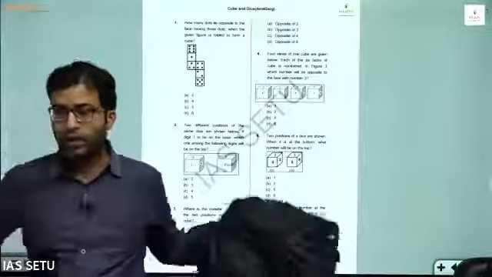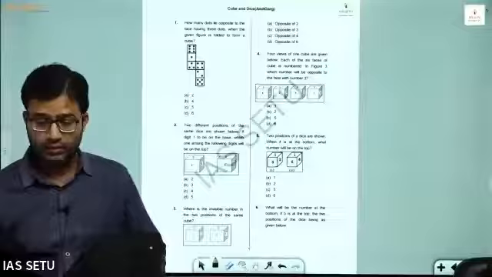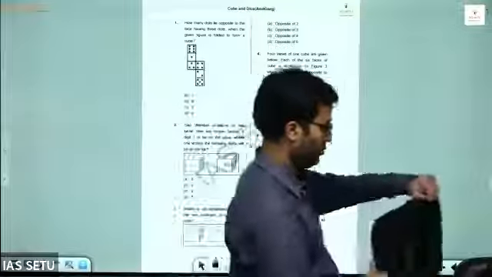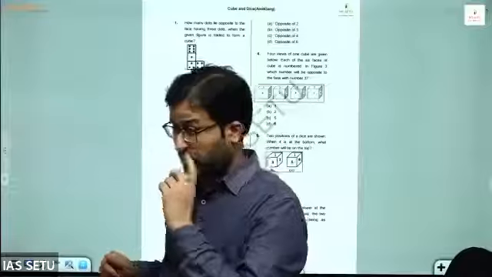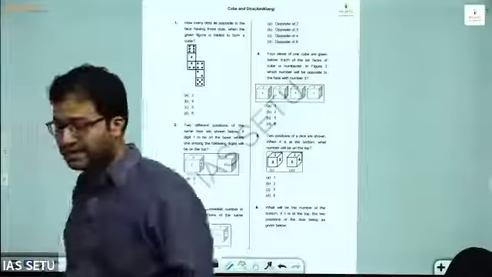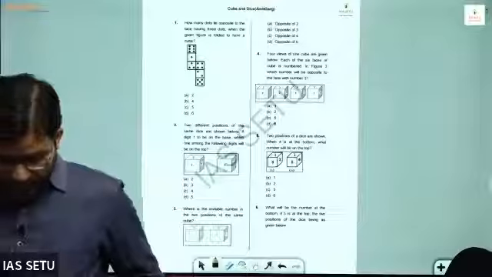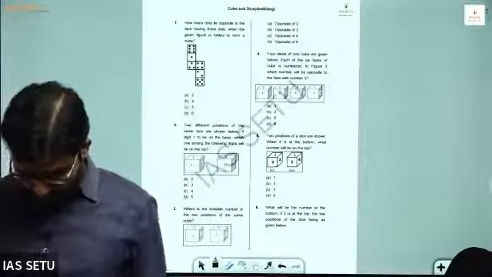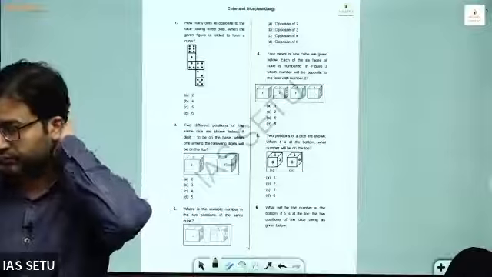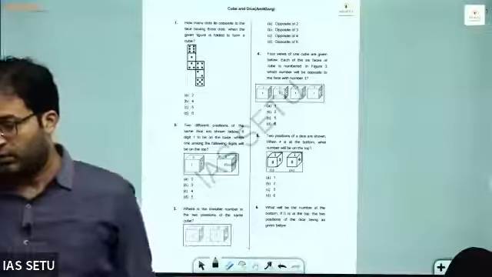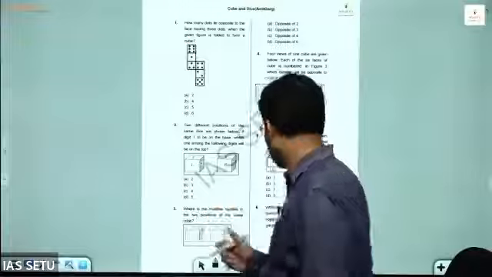Yes, okay. So yesterday we started this cube and dice. I have taken type 1, type 2, different types of shortcuts.